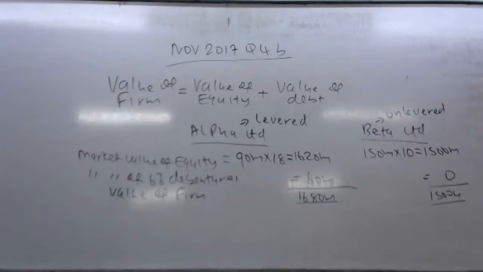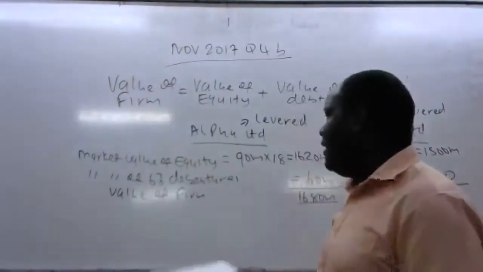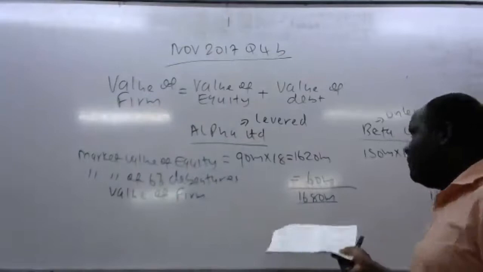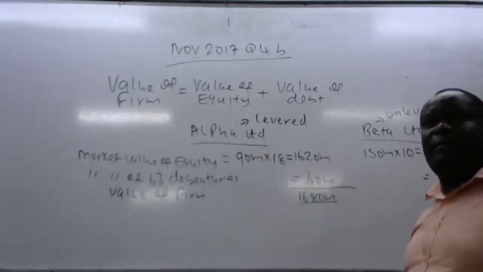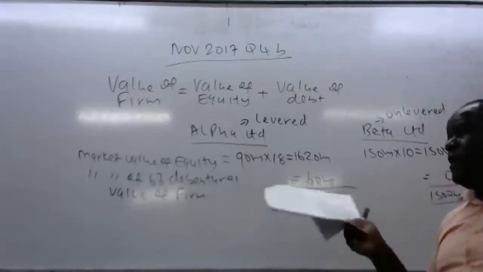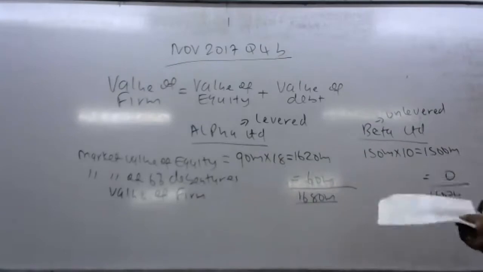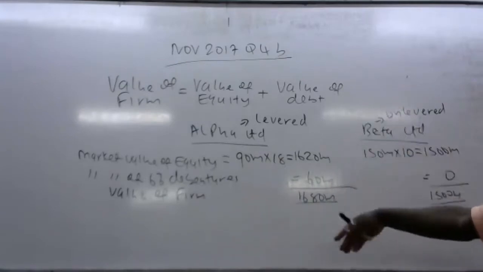So those two companies are identical, and this value is supposed to be the same. They are identical because operating income is the same and they operate in the same risk class. So the two companies are supposed to have the same value. But now when we compute, Alpha has a higher value than Beta.